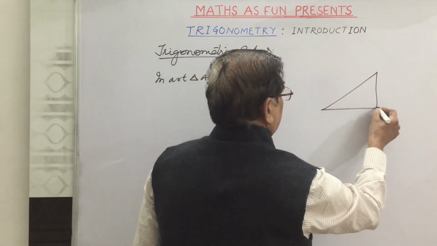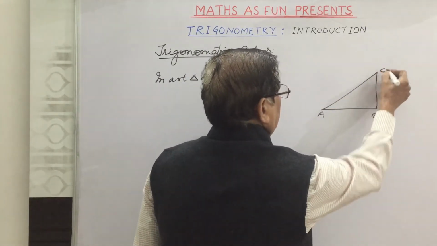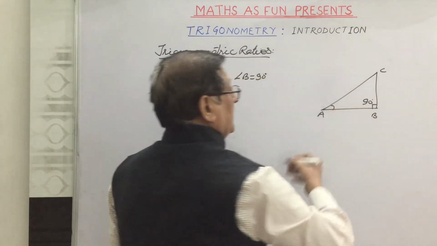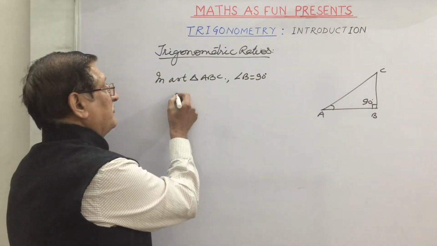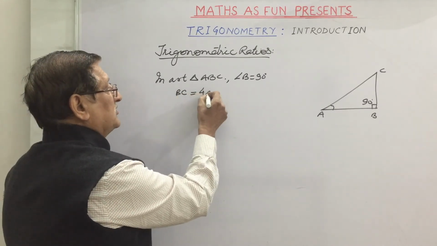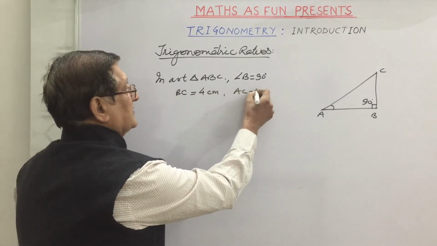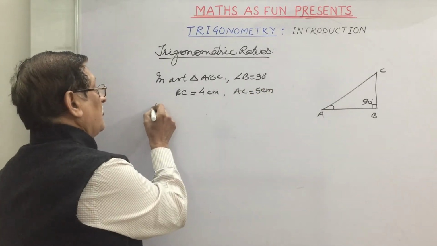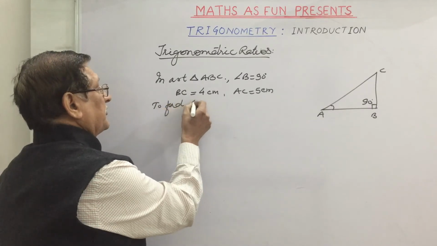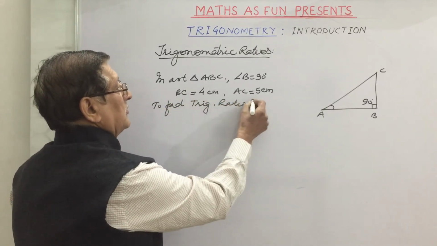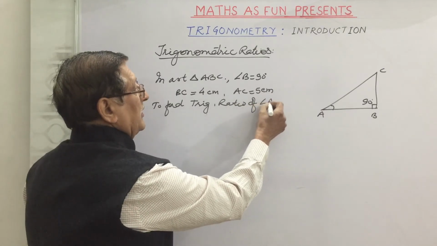This is ABC, B is 90 degree, and we take A as the angle, and it has been given that BC is equal to 4 centimeter, AC is equal to 5 centimeter, and then he says find the trigonometrical ratios or trigonometric ratios of angle A.